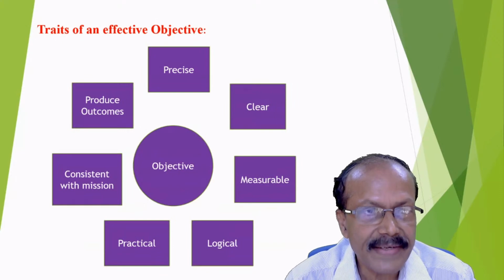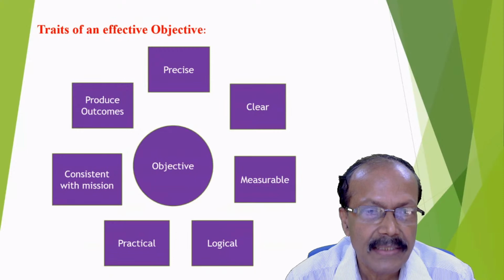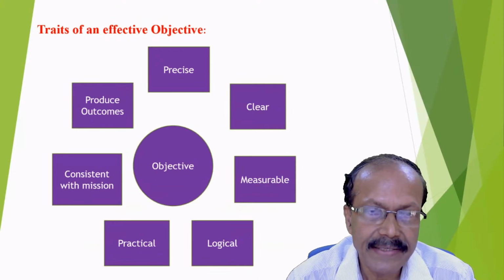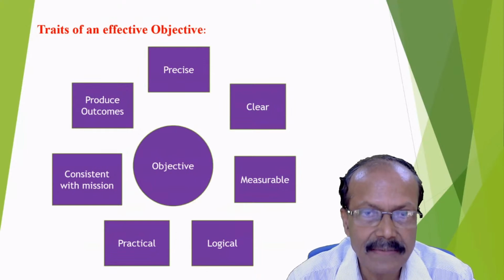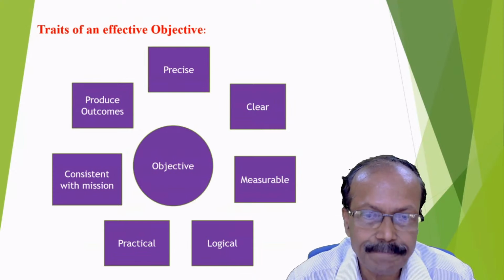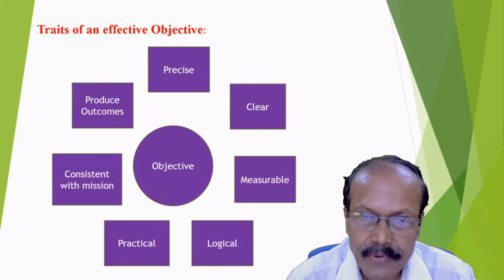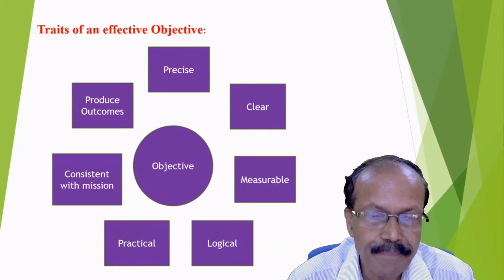Then if you see the traits of an effective objective, the objective that is set by each and every functional department of the organization has to be precise. The objective should be clearly stated. The objective should be measurable.